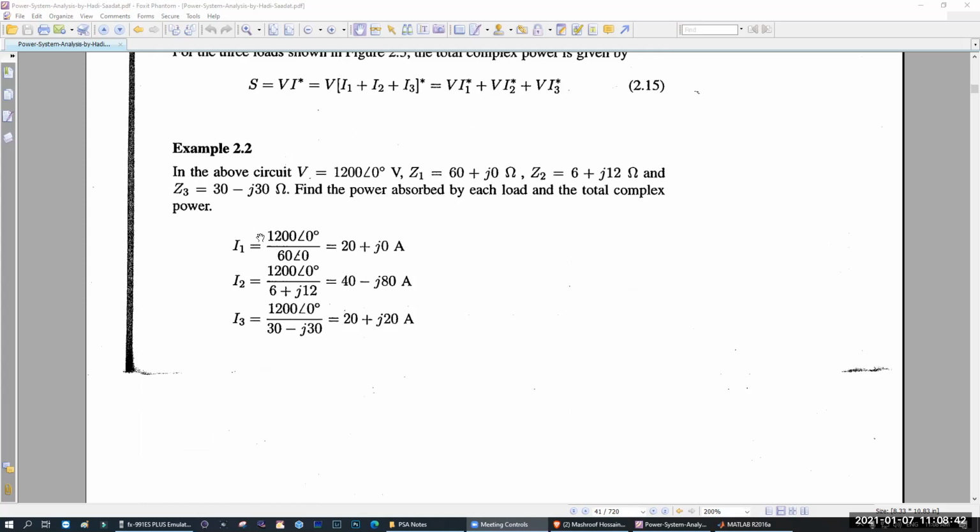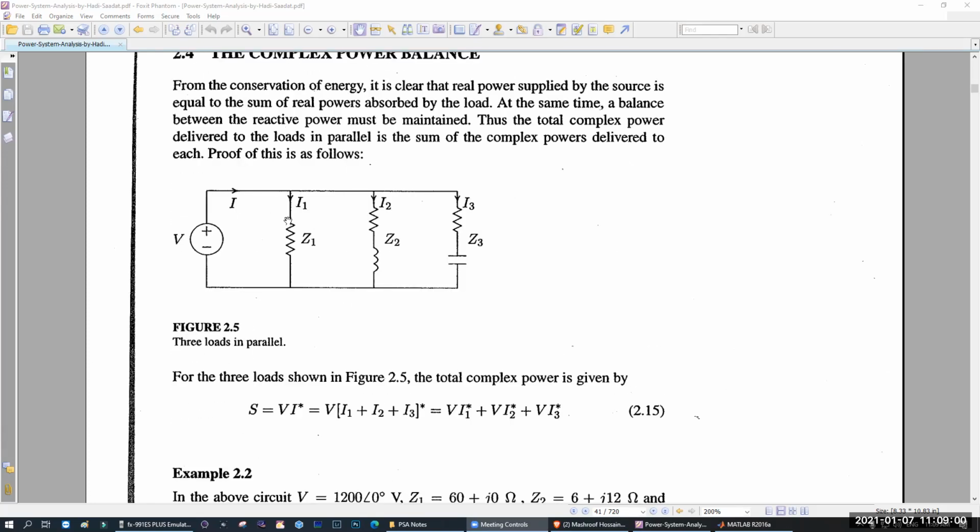Now they said find the power absorbed by each load and the complex power. You have to find out the power absorbed by each load. That means Z1, Z2, Z3, and find the complex power. So you have to find out the I. Otherwise, how can you find the consumed power? You cannot.